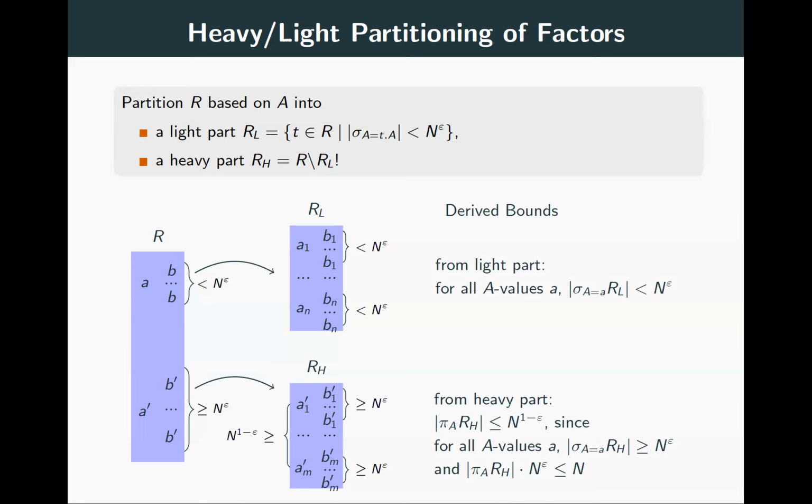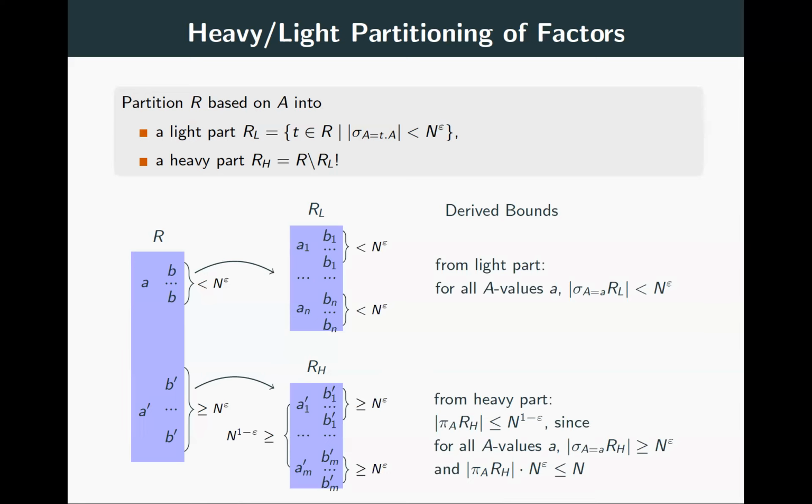And I do this basically for all the other relations. I partition based on their first variable, and now we have some very neat bounds which we know. First of all, if we look in the light partition of R, and we look at a particular value of A, how many tuples can we get? At most n to epsilon, because that A is light.